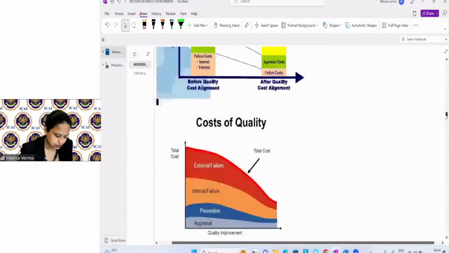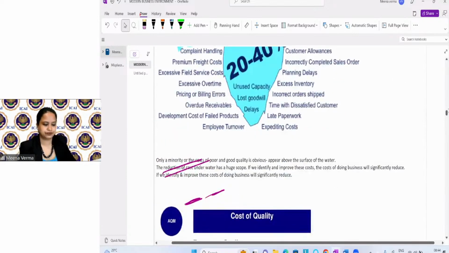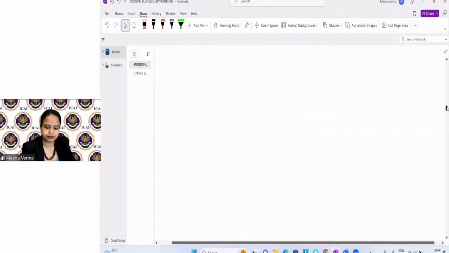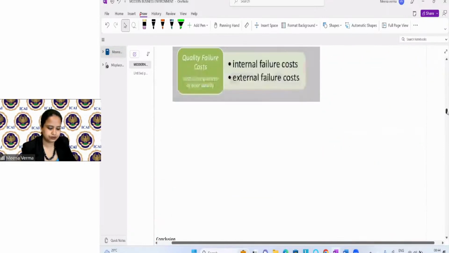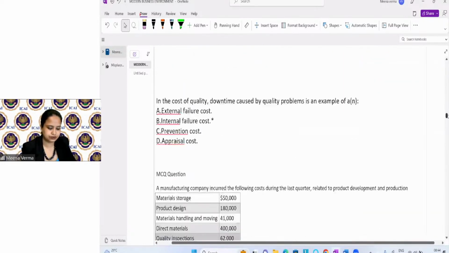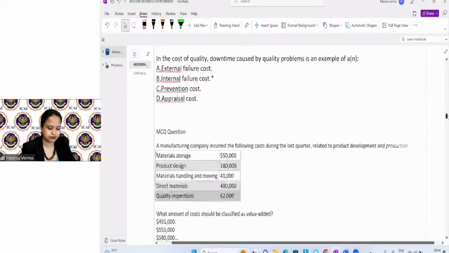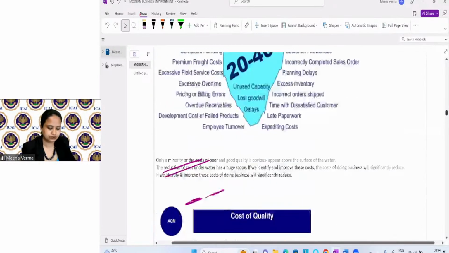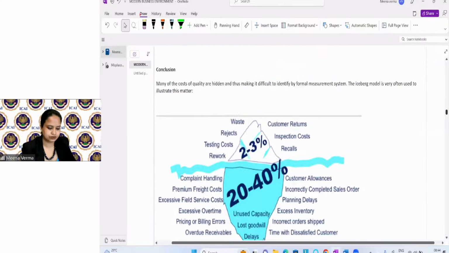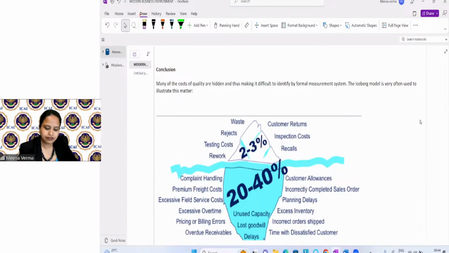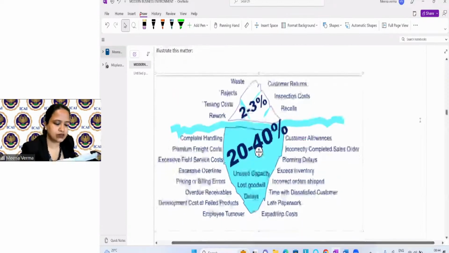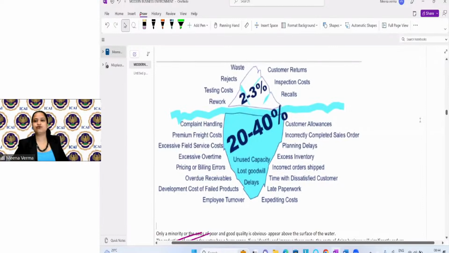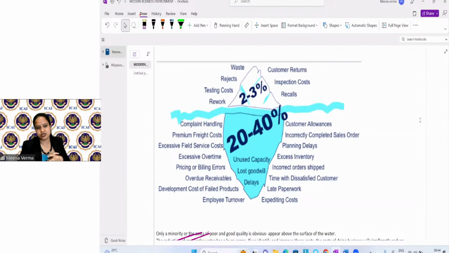All right. So we have learned all these points. Now here they have discussed that it is not easy to find these costs, right?